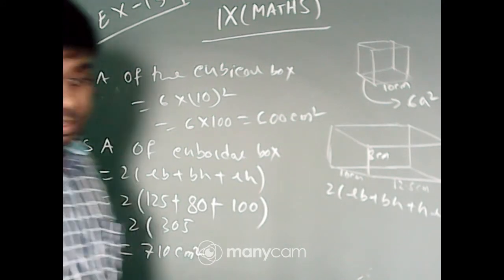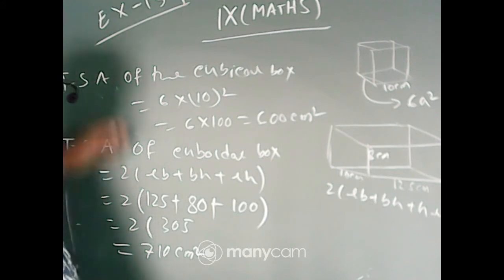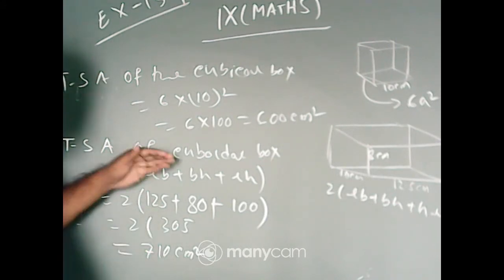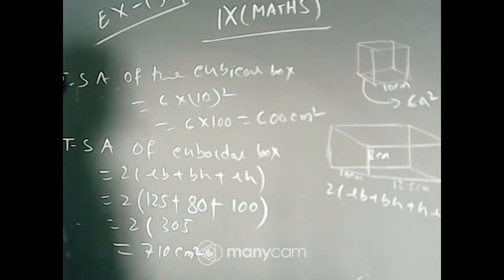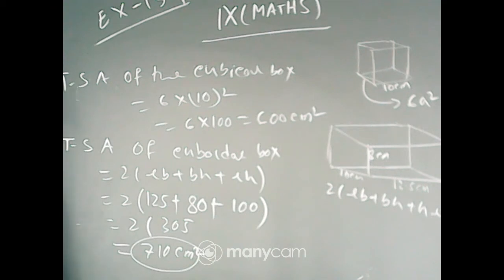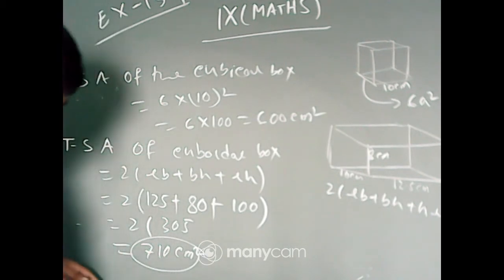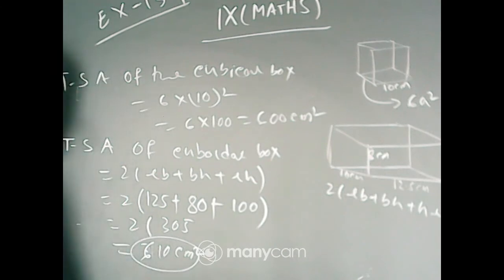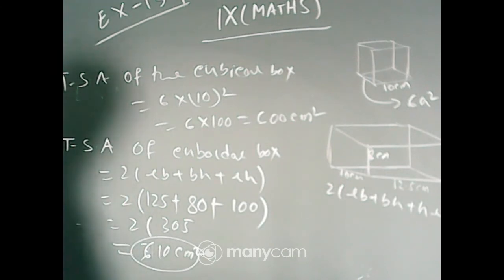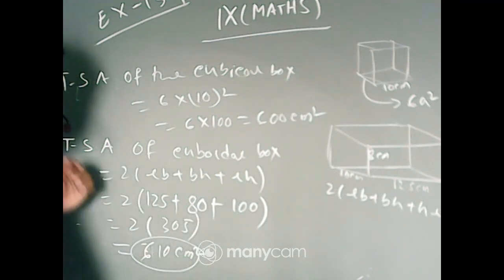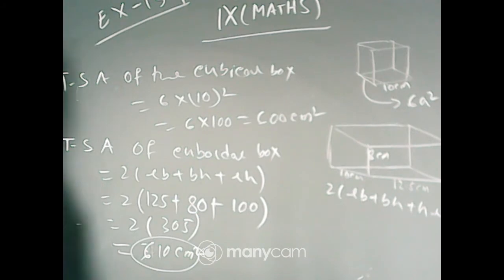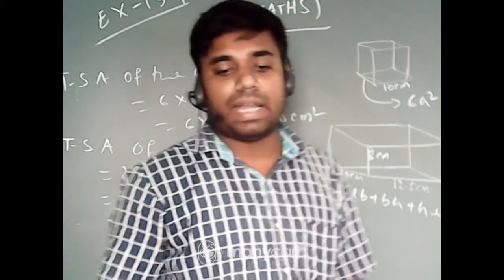Now, between the cuboidal box and the cubical box, which has the larger total surface area? That is obviously the cuboidal box, with 610 centimeter square. And by how much?